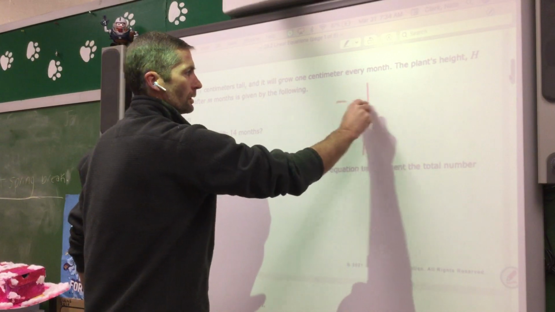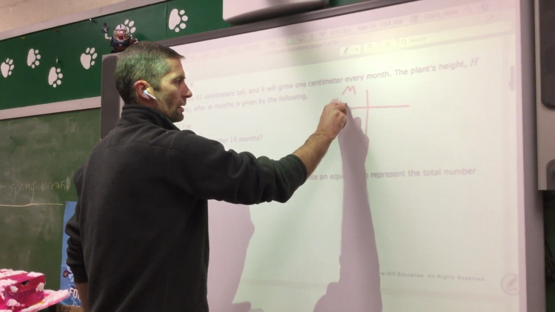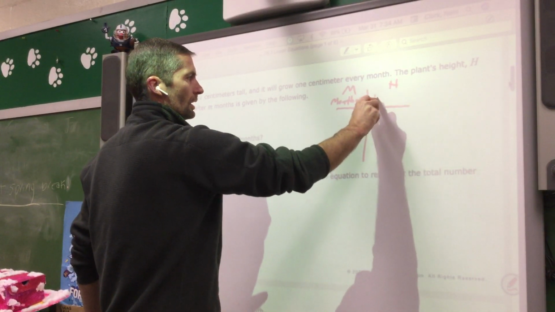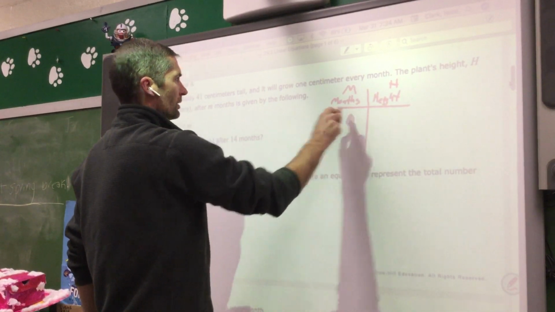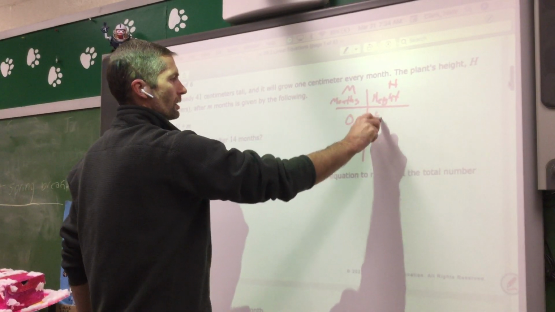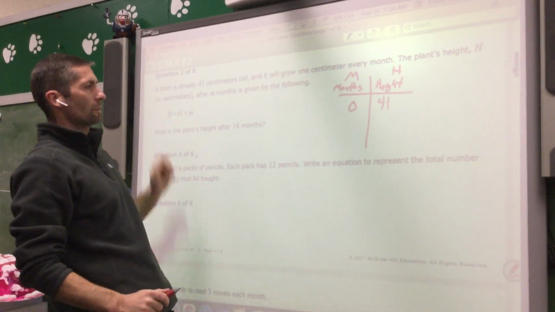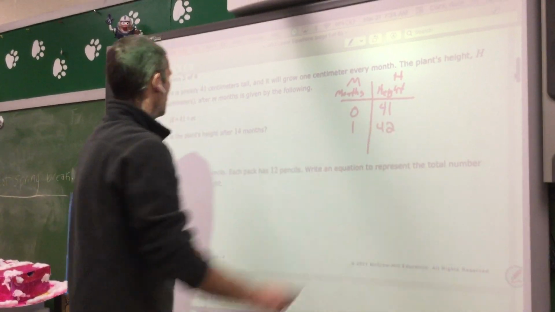Okay, so on my t-chart, m, my months, is independent of h, the height. So after 0 months, it's 41 centimeters tall. 41 plus 0 is 41. After 1 month, it would be 42.